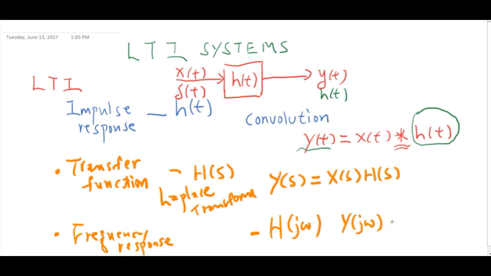In the frequency response, Y of j omega is equal to X of j omega times H of j omega. In fact, H of j omega and H of s are very closely related. In most cases, we can simply substitute s by j omega. They are the same, and we will work on this frequency response later on. We just obtain this from the Fourier transform.